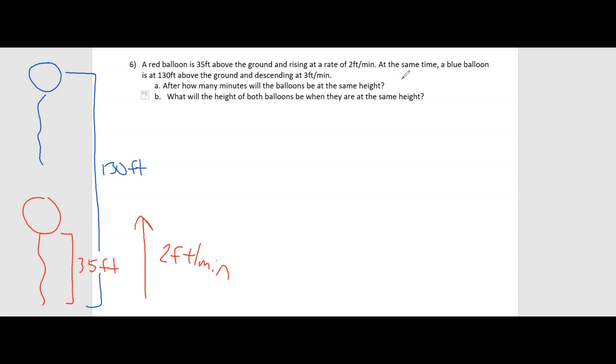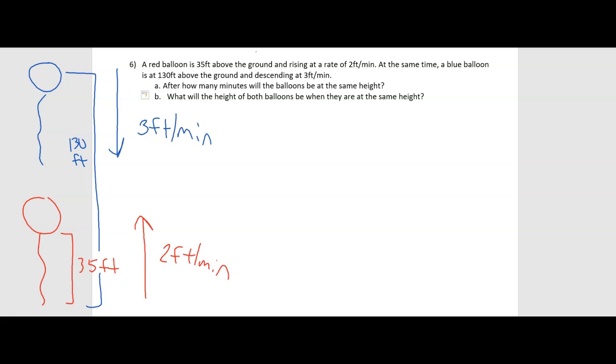And that is going downwards. Let's put that 130 on the other side just so we're not confused. And the blue balloon is traveling downwards at a rate of 3 feet per minute.